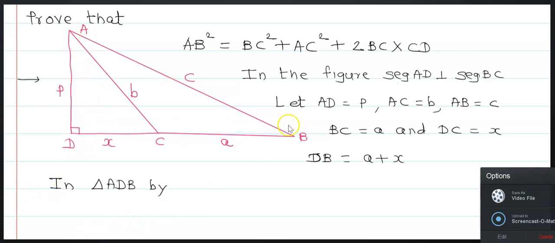AB square is equal to AD square plus DB square. Means C square is equal to P square plus (A plus X) square.